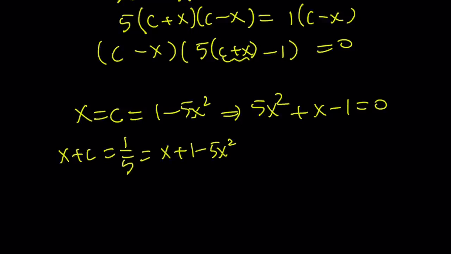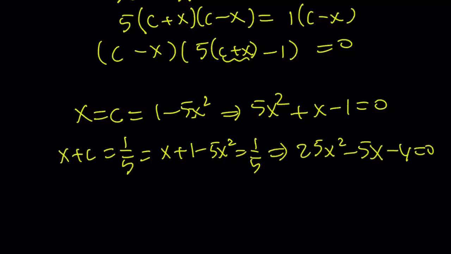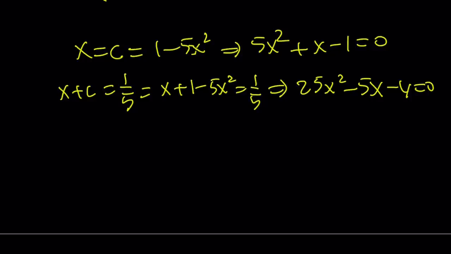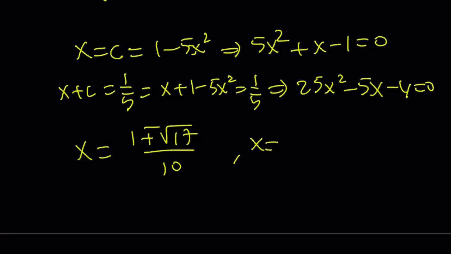So from here we get another equation: multiplying by 5 gives us 25x squared minus 5x minus 4 is equal to 0. And we get the exact same equations, and the solutions are the same as before. X equals negative 1 plus minus root 17 over 10, and x equals 1 plus minus square root of 21 over 10. So those are going to be the 4 solutions.